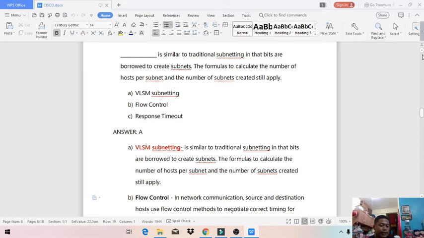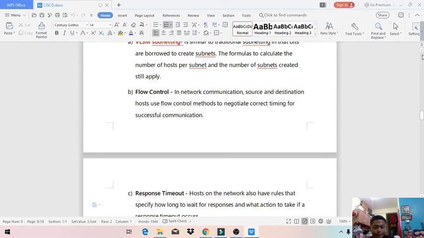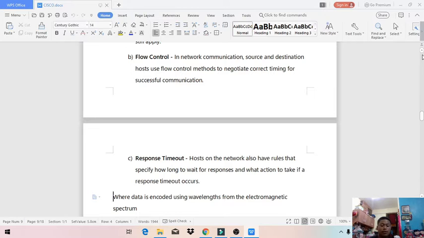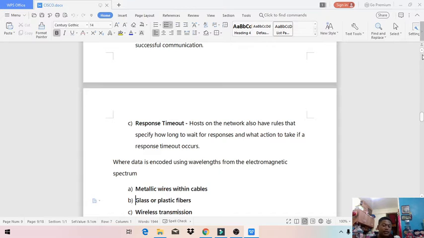So the answer is letter A, because letter B, flow control, is in network communication where source and destination hosts use flow control methods to negotiate correct timing for successful communication. Letter C, response timeout: hosts on the network also have rules that specify how long to wait for responses and what action to take if a response timeout occurs. So the answer is letter A.